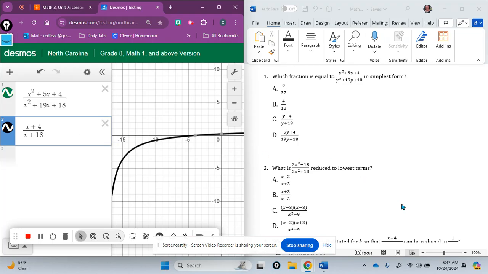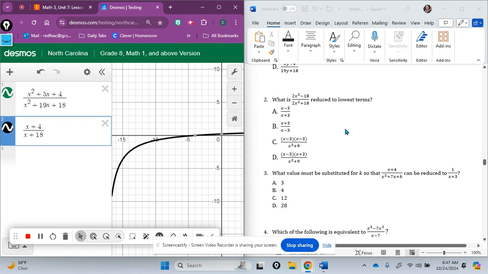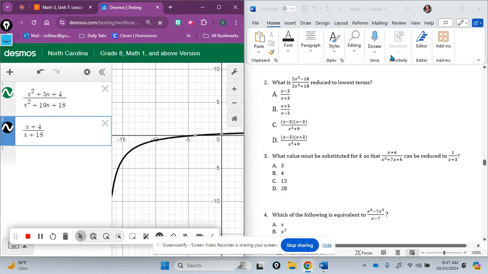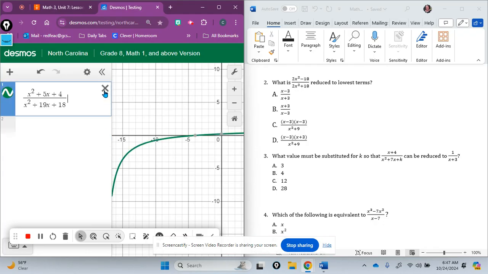Okay, so then look at number 2. Number 2 said, what is 2x squared minus 18 over 2x squared plus 18 in lowest terms? Same thing, when it's reduced to lowest terms, we want to see what the equivalent is to that.